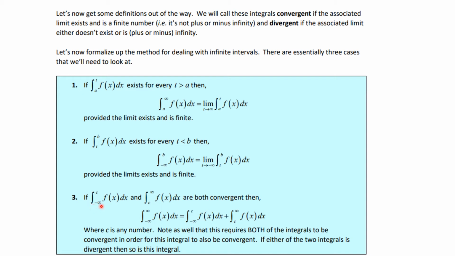If the integral from minus infinity to c of f of x dx and the integral from c to infinity of f of x dx are both convergent, then the integral from minus infinity to infinity of f of x dx is equal to the sum of those two, and c can be any number. A lot of times we are wise in picking what the number is. Note that this requires both integrals to be convergent in order for this integral to be convergent. If either of the two integrals is divergent, then so is the integral that we started with.